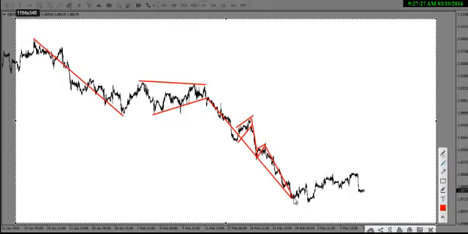It moved again. Another mini congestion. It moved. Now it's in a long congestion here, and price has broken out of this congestion. So we are likely going to see a movement down that is of the same length, of the same size, with the movement from here to here.